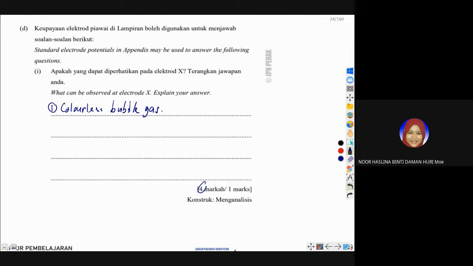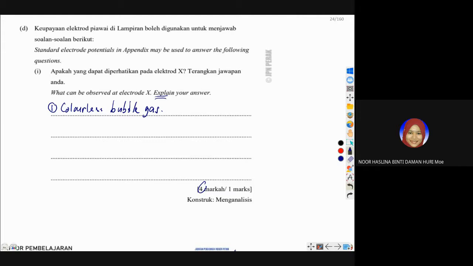Okay. Why do you see colourless bubble gas? Because this one you must explain. Colourless bubble gas is what you observe. Why do you get the colourless bubble gas? Because you will choose which one? Hydroxide ion. Why do we choose hydroxide ion? Because the standard electrode potential value for hydroxide ion is less positive than sulfate ion. This you must refer back to the standard electrode potential notes.